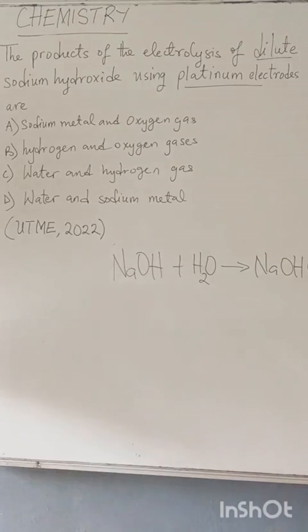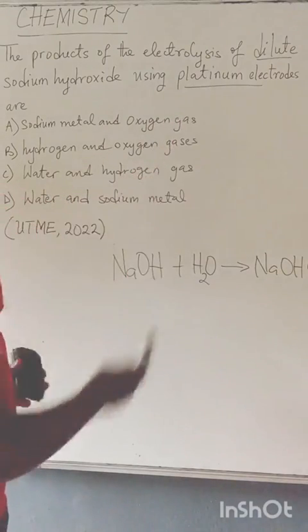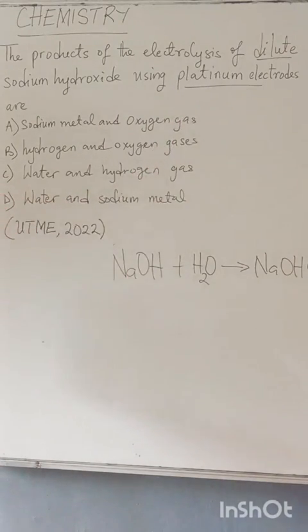I said platinum electrodes do not take part in the electrolytic process. They do not influence the product that we obtain. Do you know why? Because they do not interact, they do not interfere with the reaction.